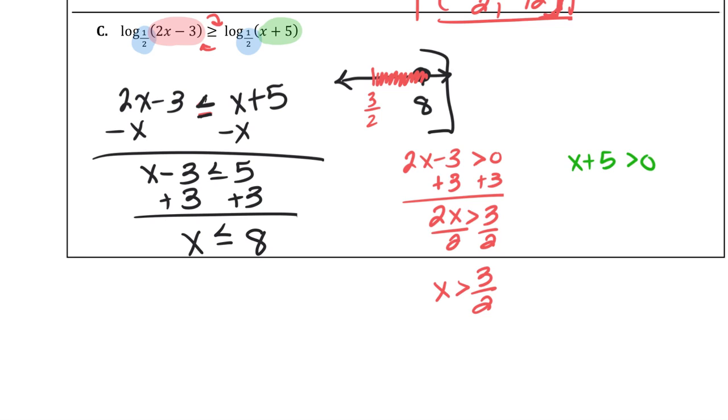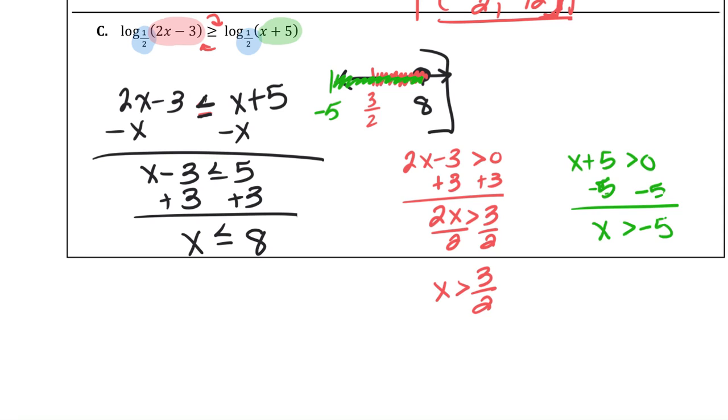We also look at the right-hand inequality and say, well, hold on, this log must also be positive, so I need to solve for those values and say, well, what values could I choose that would remain positive for the right-hand side? Well, this one says, hey, you're allowed to pick anything greater than -5.